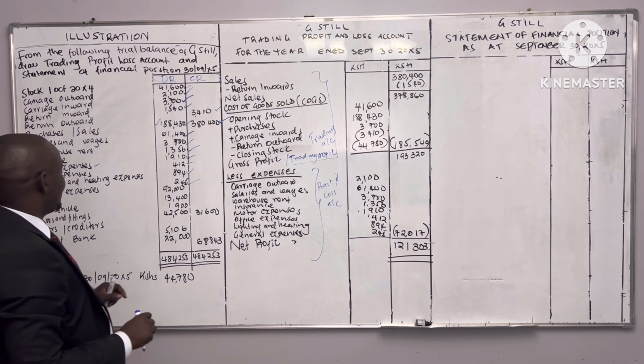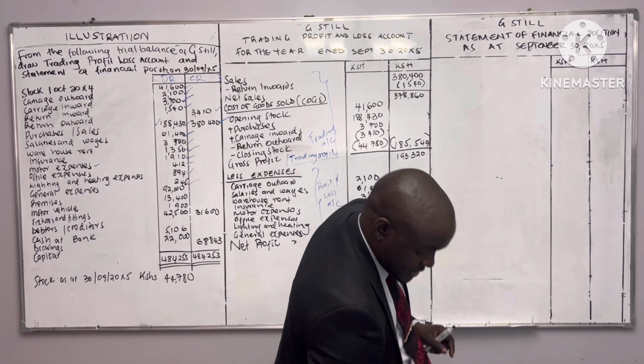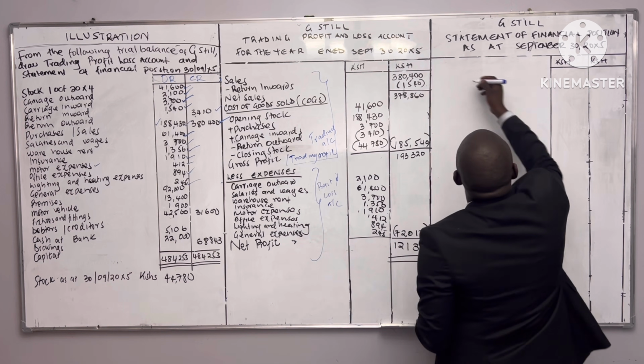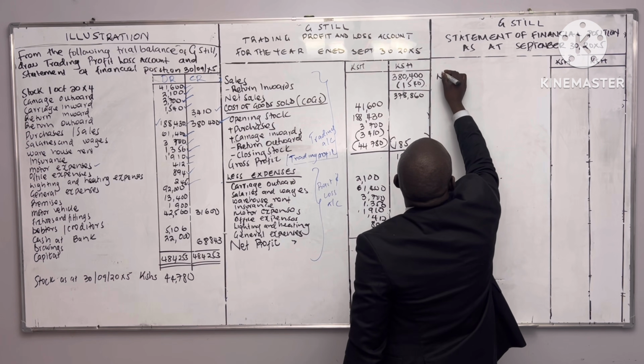Right. Let's go to the statement of financial position. From the previous example, we start with the non-current assets.